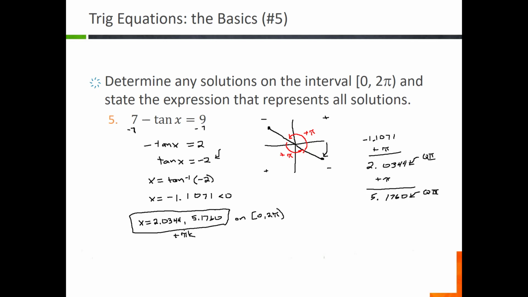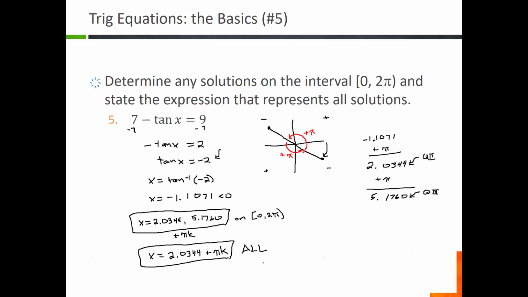We could list both of these out and do plus 2 pi k, but we want to have a nice clean answer. So we only need to keep that first one. So x is equal to 2.0344 plus pi k. And so that expresses all of our solutions.